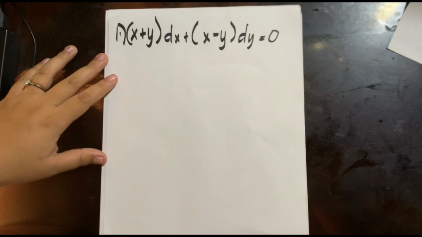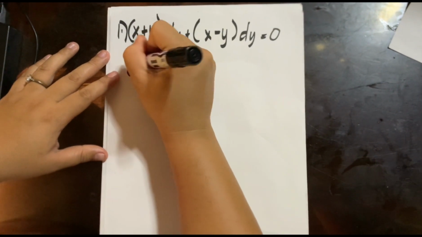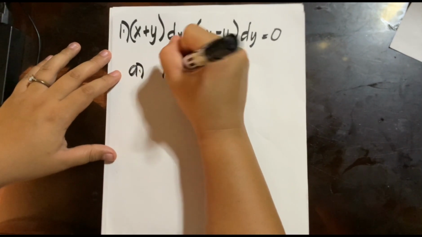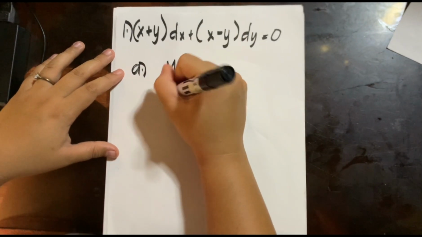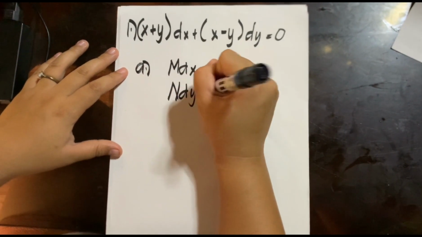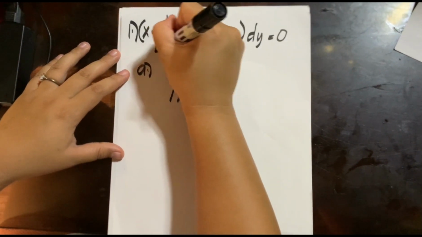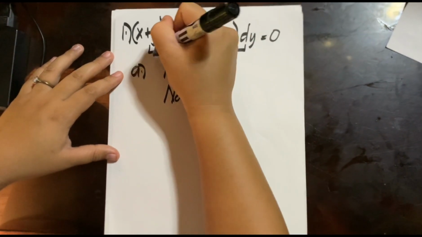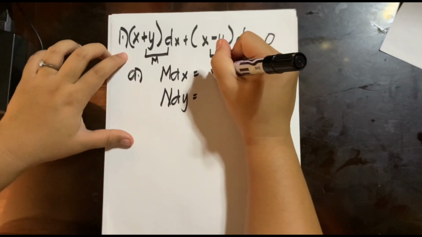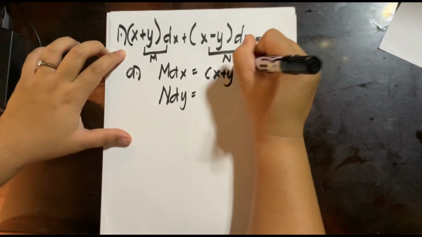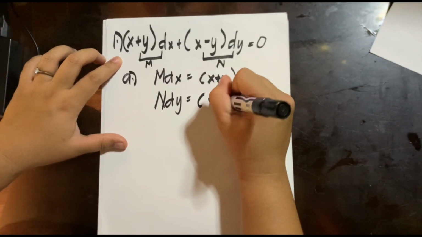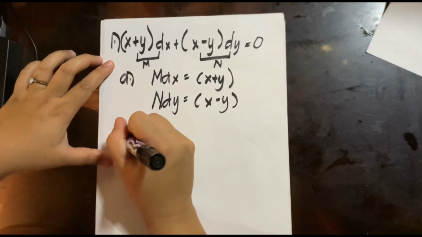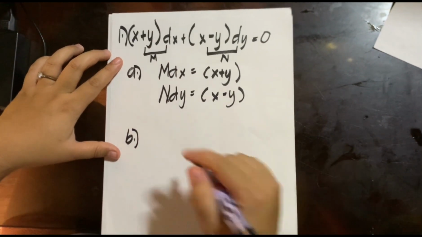So first of all, the first thing we do is to determine our M dx and our N dy. Our M dx is x plus y, and our N is x minus y. Next step will be to find the partial derivatives.